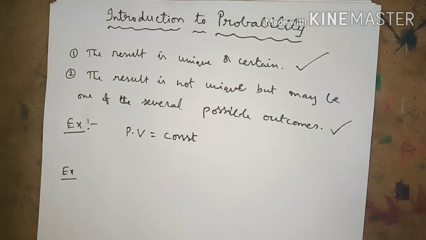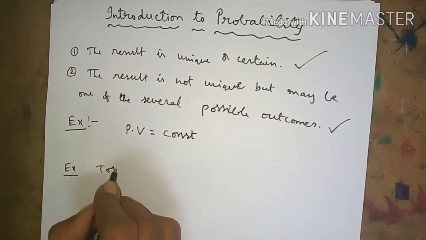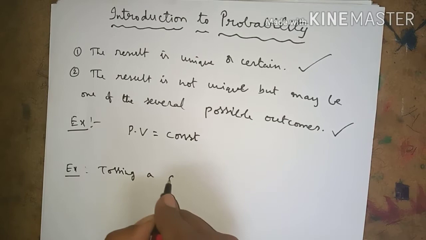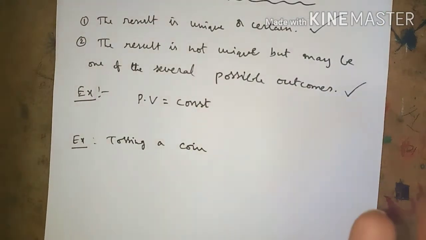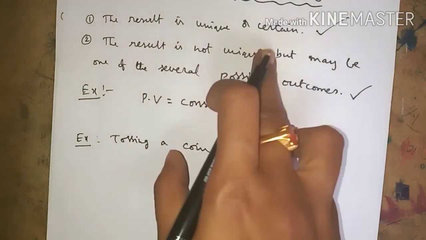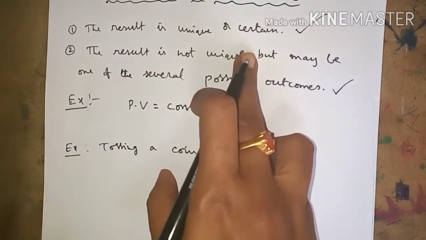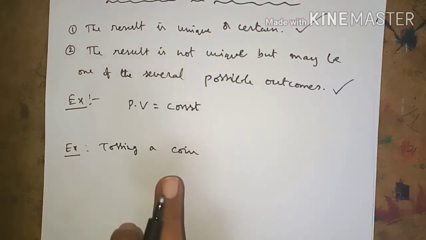Such examples are tossing a coin and throwing a die. Such a phenomenon is called a probabilistic phenomenon.